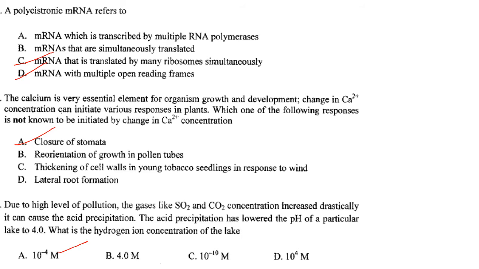So the hydrogen ion concentration will be 10 raised to minus 4. So answer is option A, 10 raised to minus 4 molar. So that is the hydrogen ion concentration of the lake.